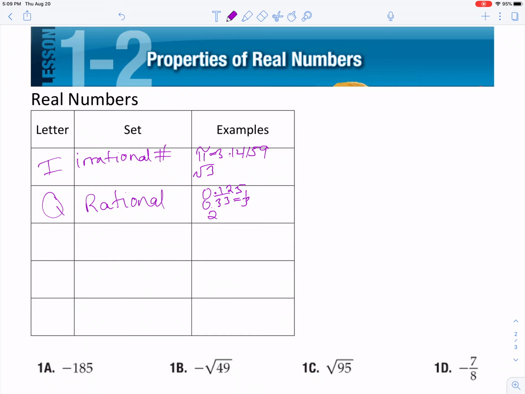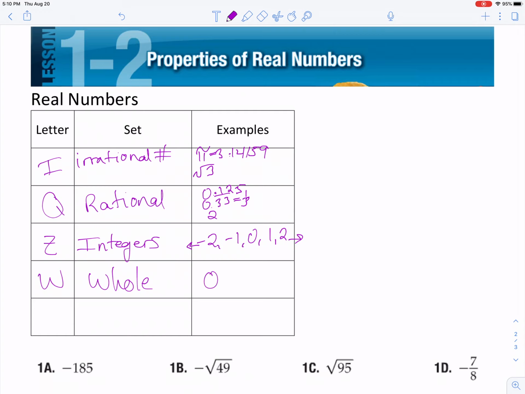Next is going to be integers, and we use a Z for that. An integer has no decimals, but it can be positive, negative, and it can also be 0 if you want it to be, and so on and so on. Next is whole numbers. We're going to use a double-struck W for whole numbers.